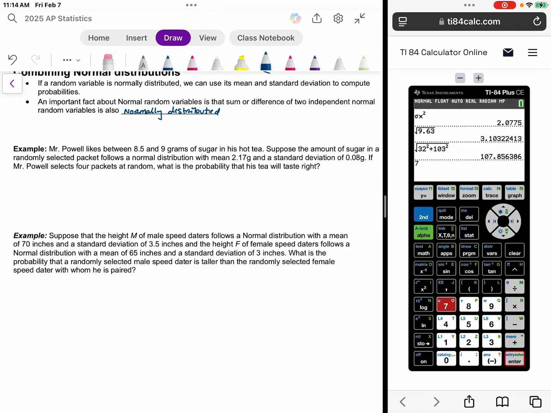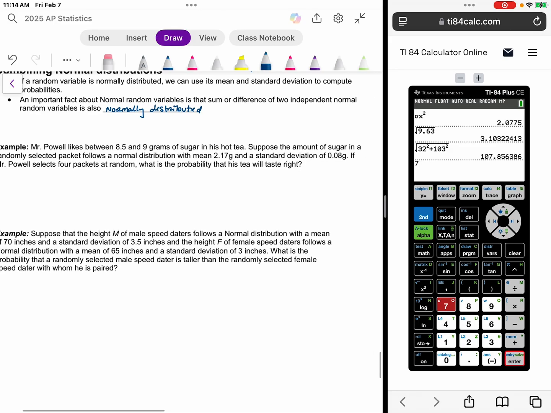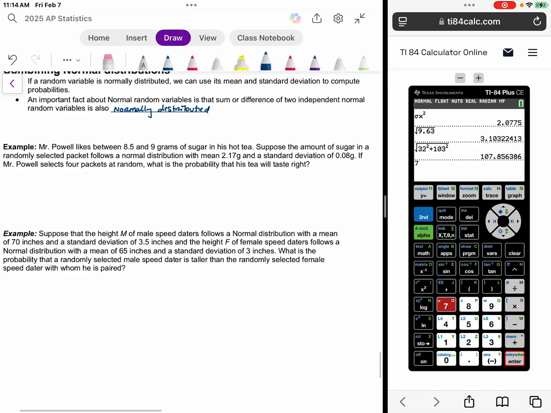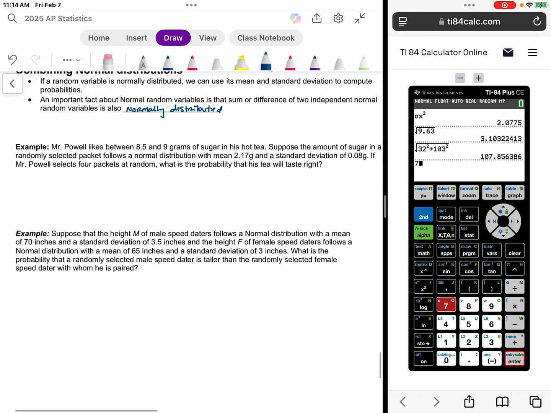You didn't know he was a hot tea drinker, did you? Suppose the amount of sugar in a randomly selected packet follows a normal distribution with a mean of 2.17 and a standard deviation of 0.08. If Mr. Powell selects 4 packets at random, what is the probability that his tea will taste right?